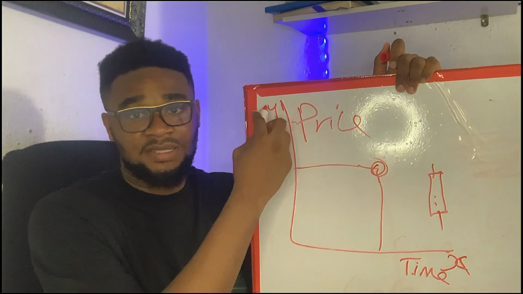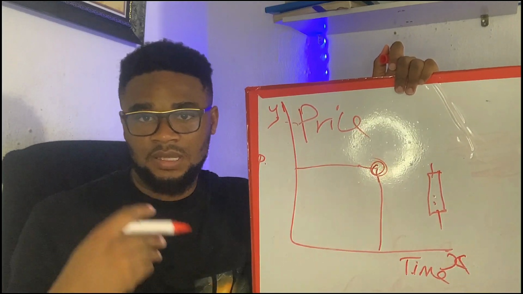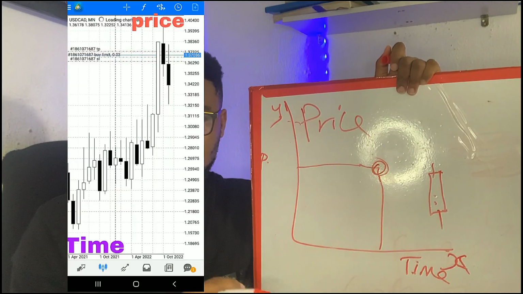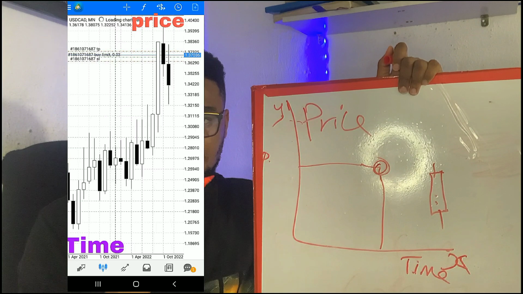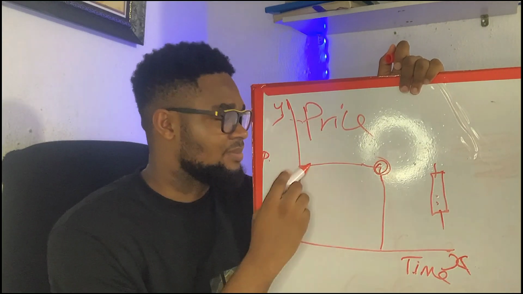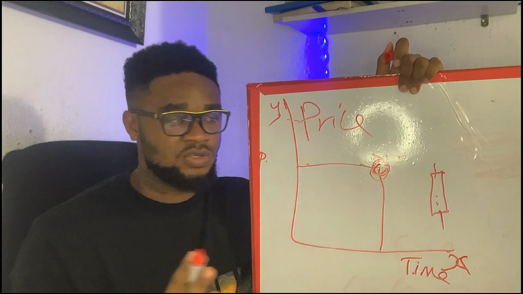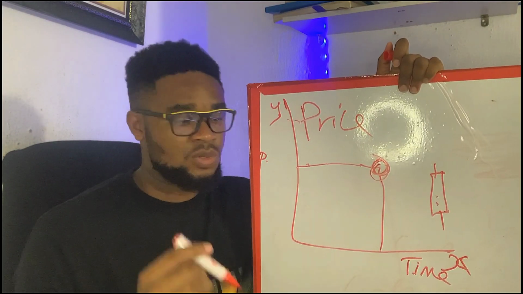The y axis represents price, and the x axis represents time. That's the most important thing you should understand. And forex traders look for opportunity in a situation whereby time and price have a confluence. That's basically what we do.